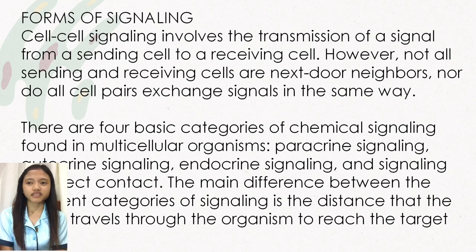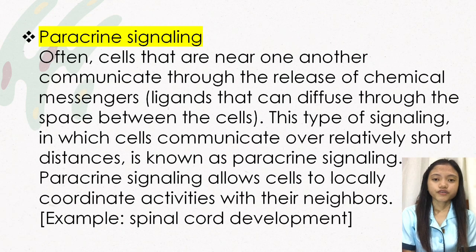So there are four basic categories of chemical signaling found in multicellular organisms, which include paracrine signaling, autocrine signaling, endocrine signaling, and signaling by direct contact. The main difference between the different categories of signaling is the distance that the signal travels through the organism to reach the target cell. The first basic category of chemical signaling is paracrine signaling.